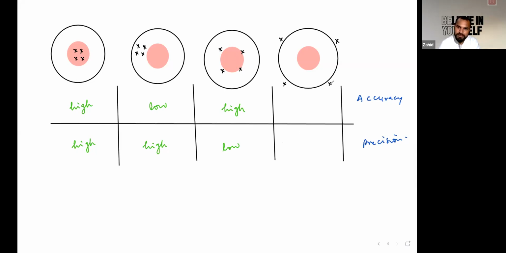In the last part, all of these experimental values are far from this true value, so it will have low accuracy, and since there is no closeness of the data within themselves, it will have low precision. Is it clear, Shoaib?